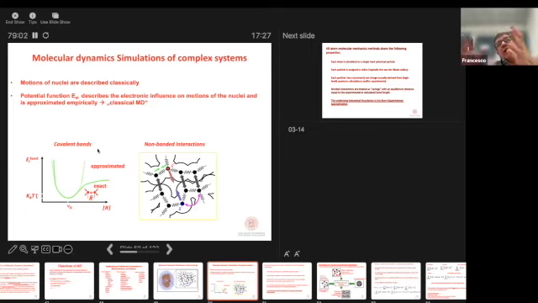If we are close to equilibrium, then a covalent bond can be described by a parabola here. But if we go farther away, of course, we know that bonds dissociate, and so we have to change the equation that describes this.